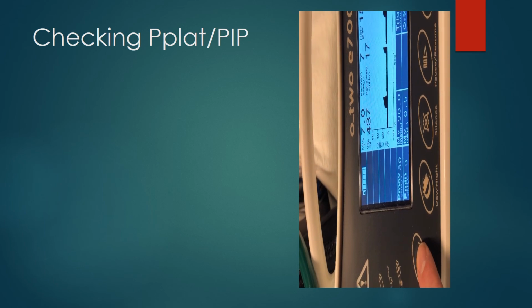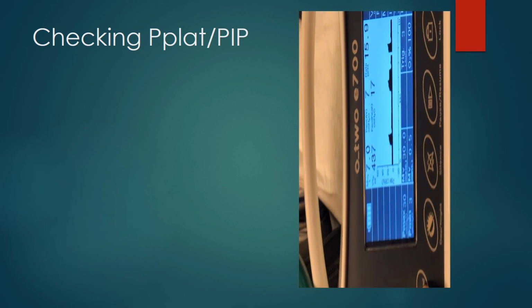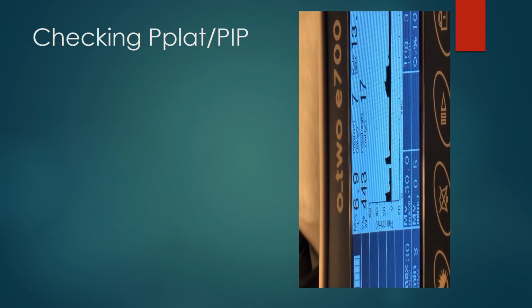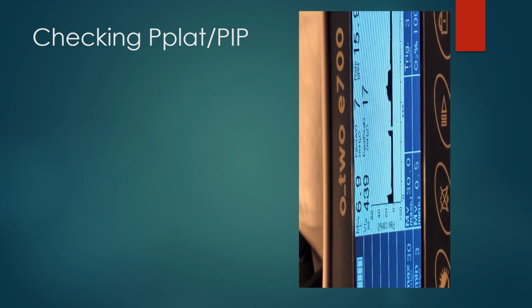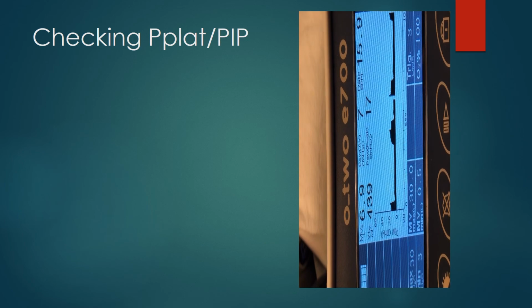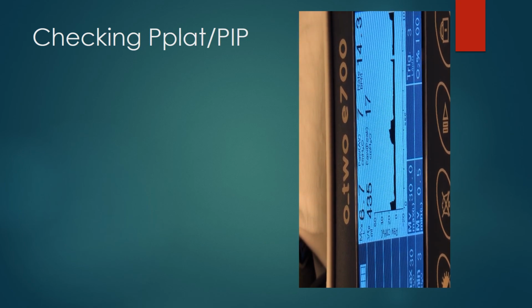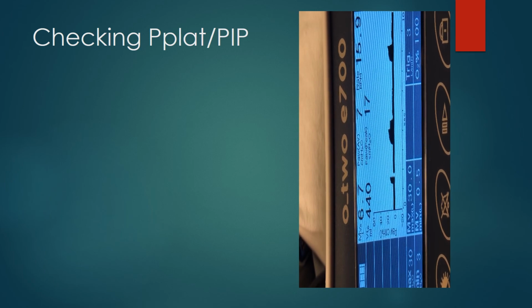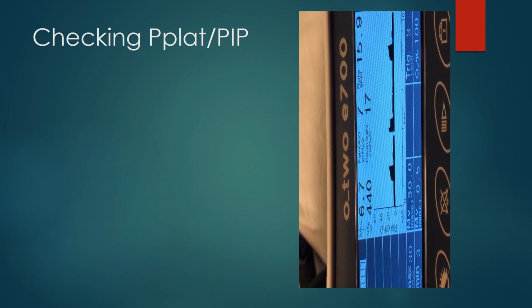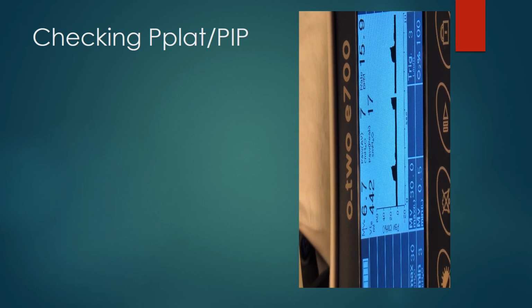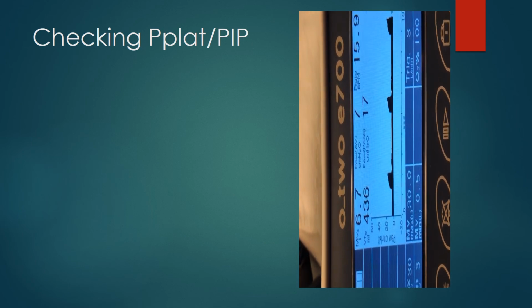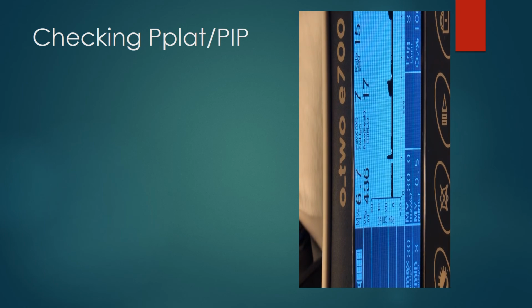Here's what we're going to do to check that alveolar health. I'm going to inspire, hold it for a second. All right, did you see that? That was kind of cool. So I'm going to do it again. Okay, so see that top is the PIP, and then down here is that P-plat. I'm going to do it again, and then I'm going to point. All right, so inspire. I'm going to wait till the waveform is in the middle.